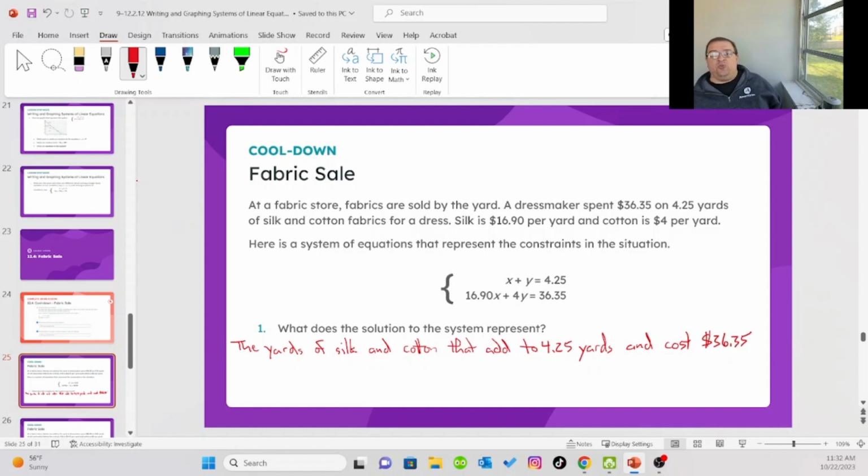It has to be the right amount of each, and it has to be the right total cost of each.